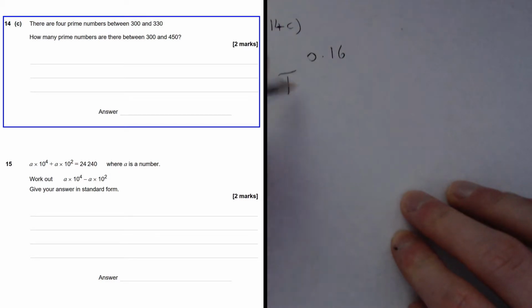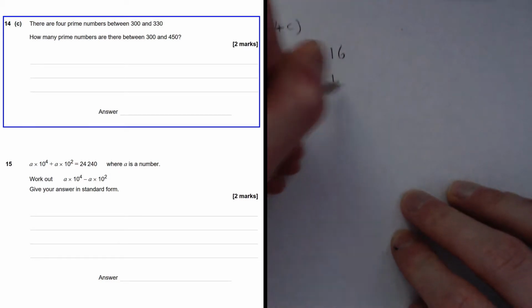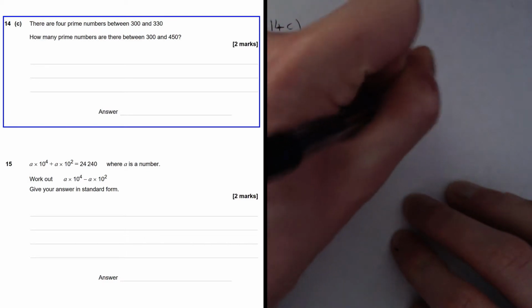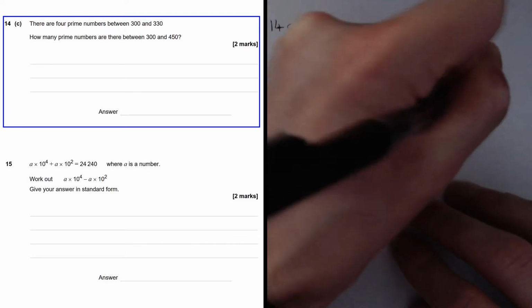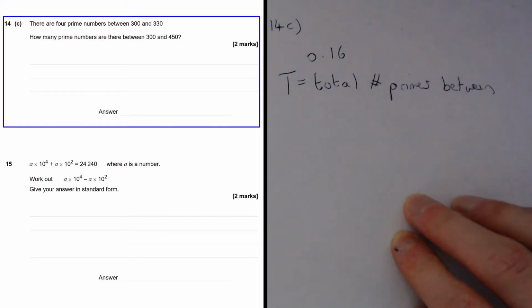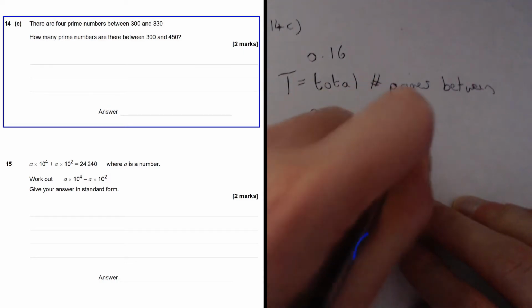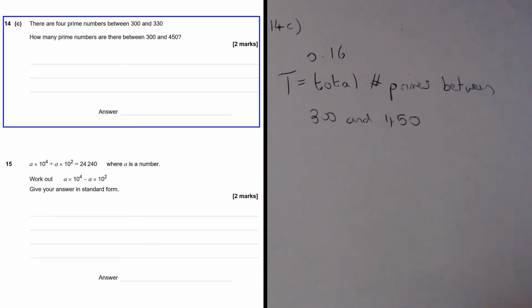So let's let t equal the total number of primes between 300 and 450.